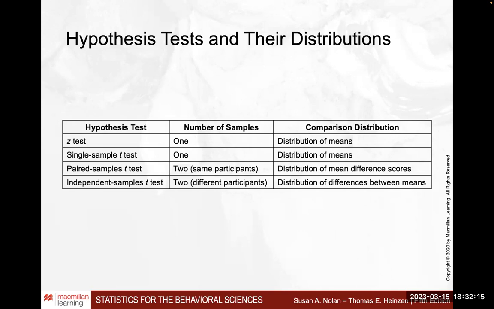You have a mean difference and a variability of those difference scores, and you use this to estimate the distribution of mean difference scores. By that, you standardize your difference from 0, or whatever reference value you're interested in, and calculate the test statistic.